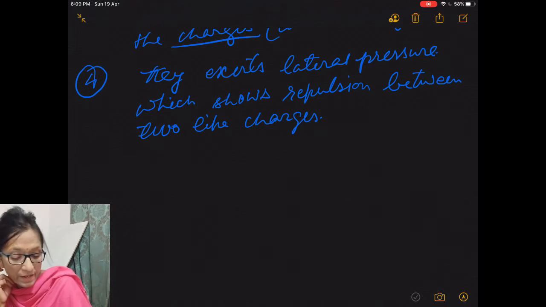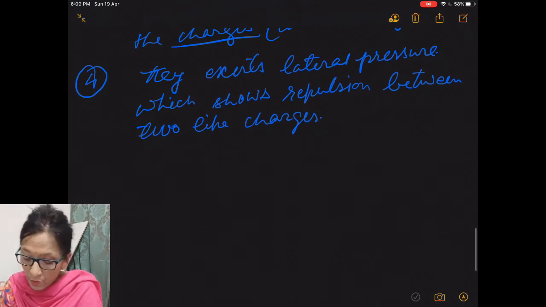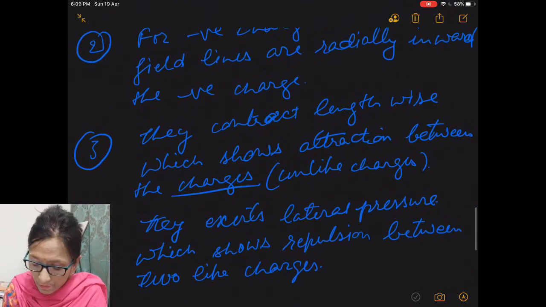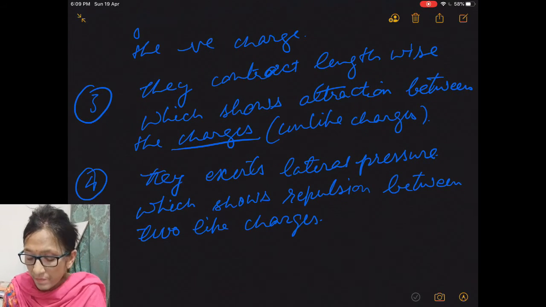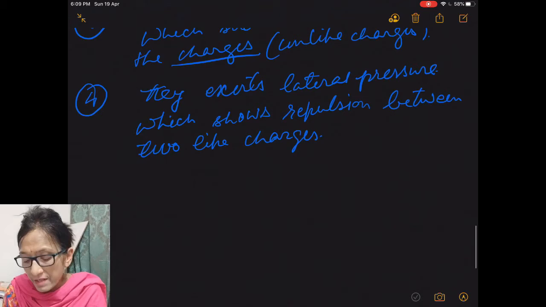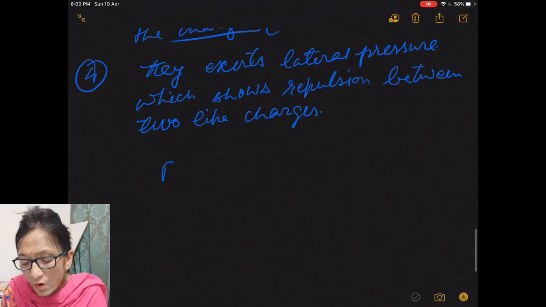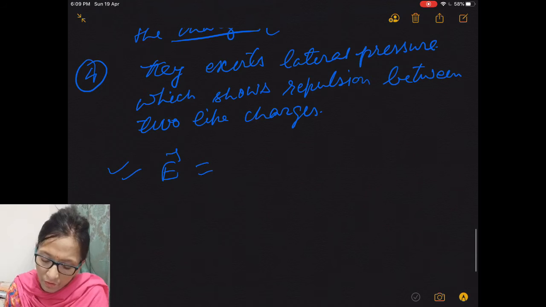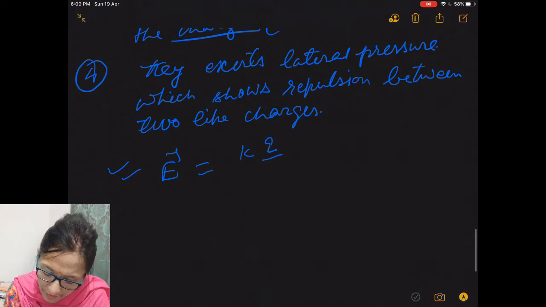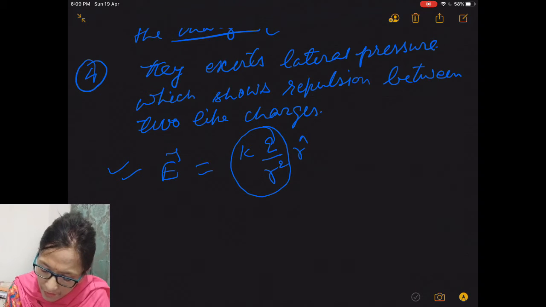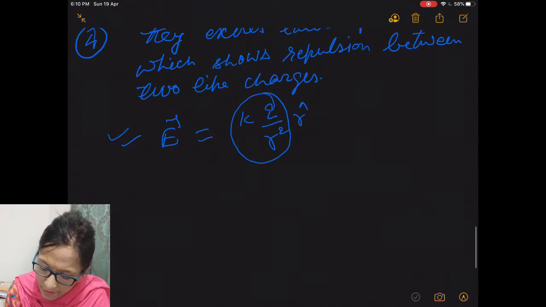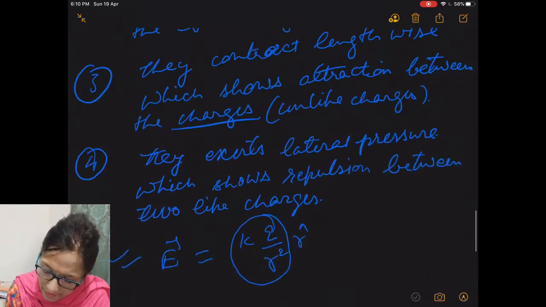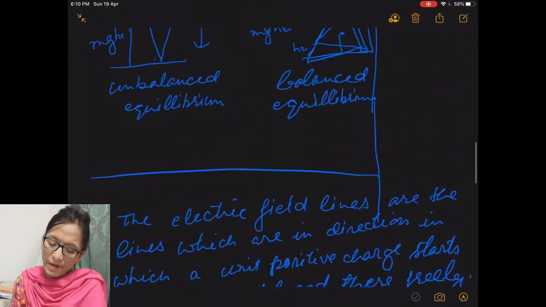But before that, I would like to discuss one thing that can give an idea of the magnitude of electric field too. So magnitude of electric field, let me write it again, is equal to KQ upon R square R cap. Here this part is called magnitude.